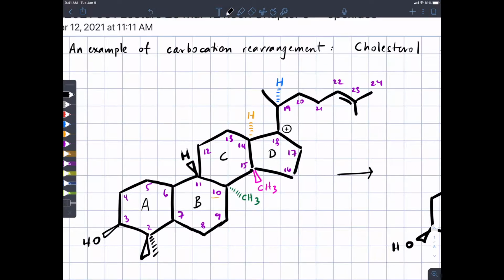One interesting thing is that this 1-2 shift is stereospecific, meaning it occurs in a specific 3-dimensional relationship. The proton literally just leans over on the same face of the molecule. So blue proton used to be down, pointing away from us into the page on carbon-18. It's still pointing in that direction on carbon-19. It's just leaned over.